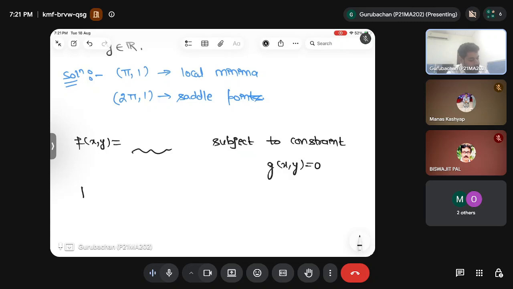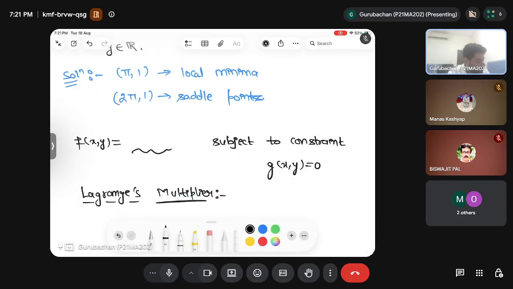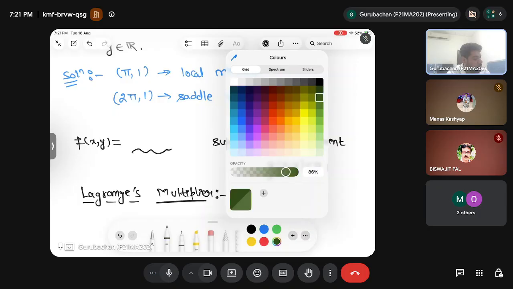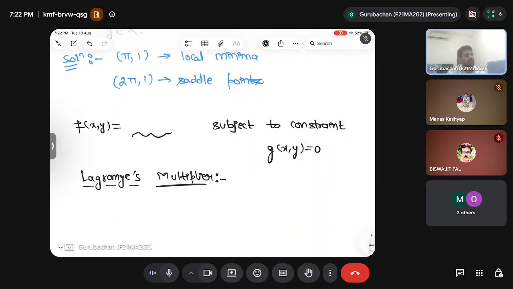So in this case, you need to go with Lagrange's multiplier. Then only you can decide its local minimum or maximum. So does anyone have any answer? What is Lagrange's multiplier or how can it be applied?